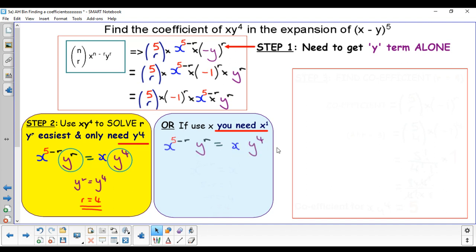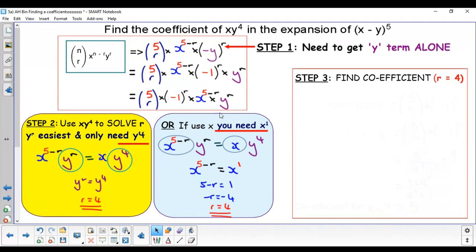If you want to focus on the x's instead, it's still x y to the 4, but if you want the x's, then what you'll find is that you'll get 5 take r equals, and remember that means x to the 1. So 5 take r equals 1, take 5 off of both sides. Again, it's the same, so why not go for the easier one? When you know r is 4, then we can find the coefficient.